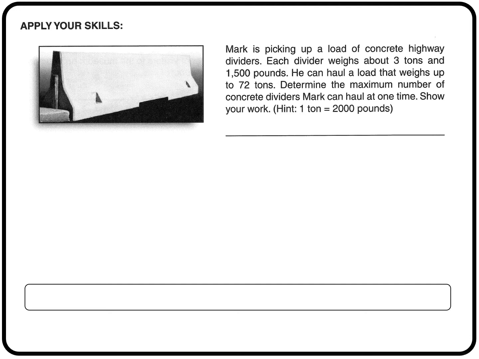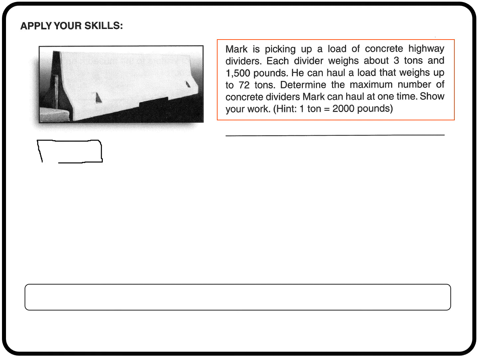All right, and this is our problem for today. Mark is picking up a load of concrete highway dividers. Each divider weighs about 3 tons and 1,500 pounds. So I'd like you to draw a little box, and my pen is not working, so this is going to be rough. Draw a little concrete barrier.